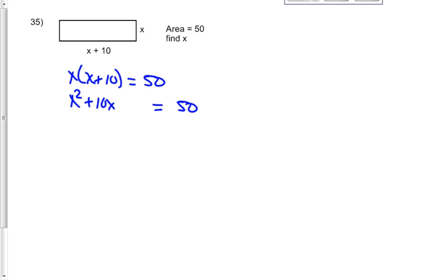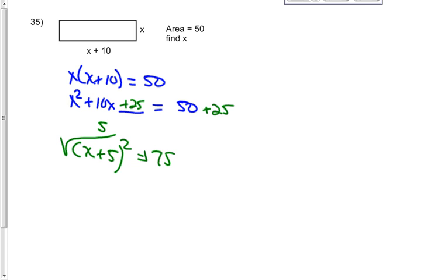Notice how I left a blank here? I want to use my complete the square method to try to solve for x. Half my b term, square that value to fill in the blank. Keep your equation balanced by adding another 25 to both sides. Write your completed factor, x plus 5 squared equals 75.